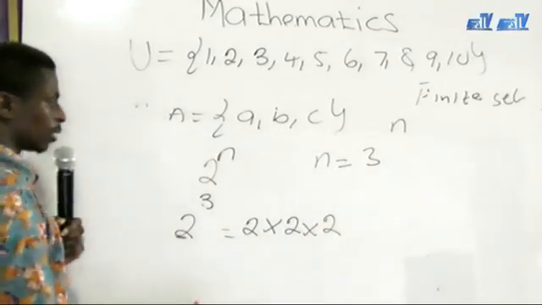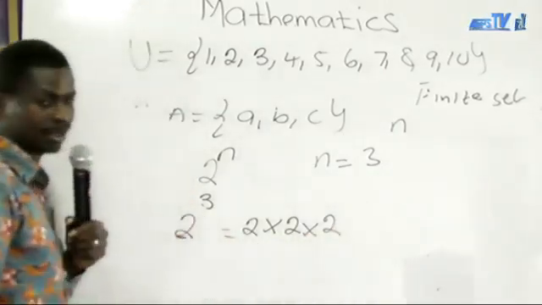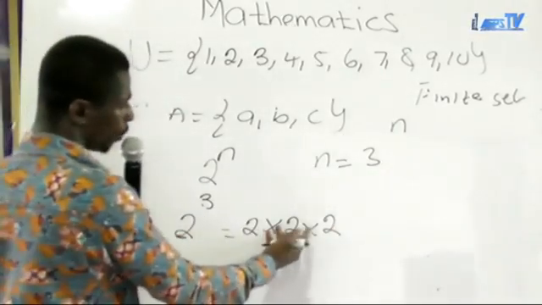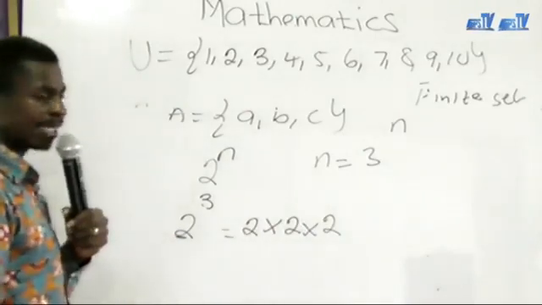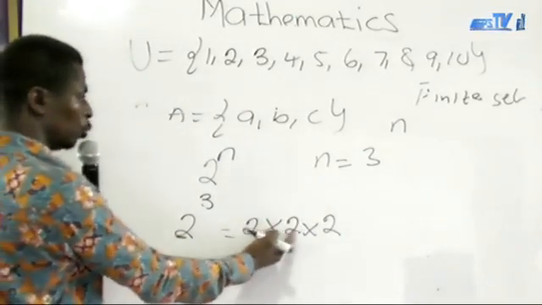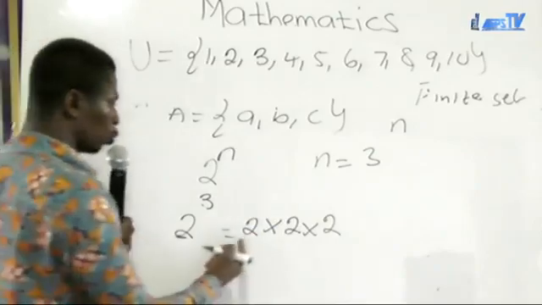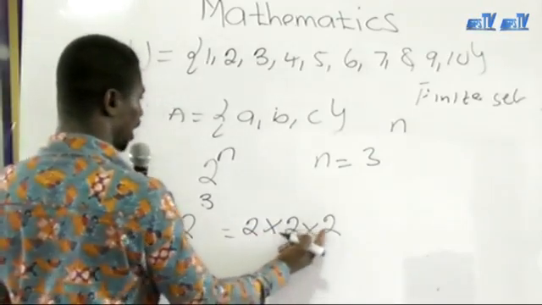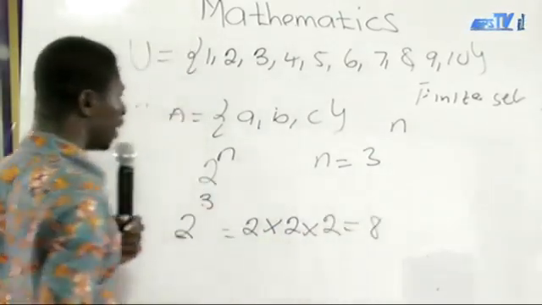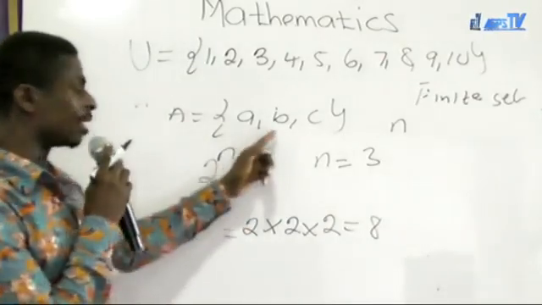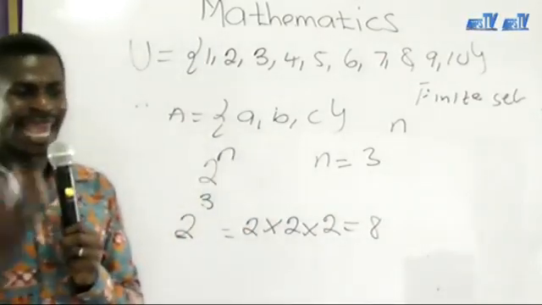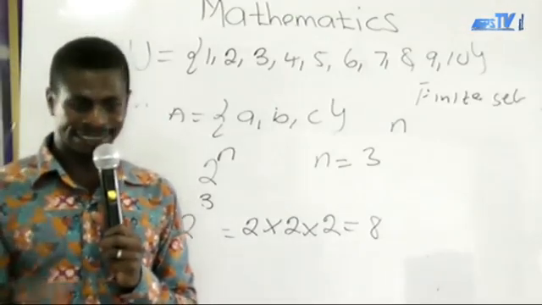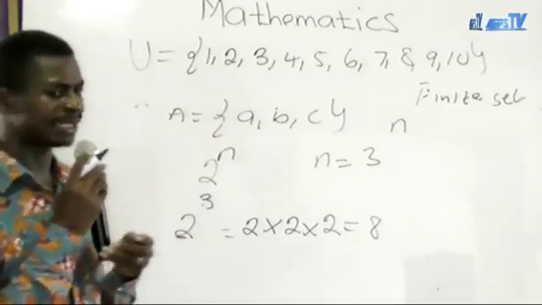I have seen students write answer equals 6 because they add 2 plus 2 plus 2. But this is 2 times 2 times 2. And 2 times 2 is 4, and 4 times 2 is 8. What it means is that for set A, we can form 8 individual subsets from this given set.